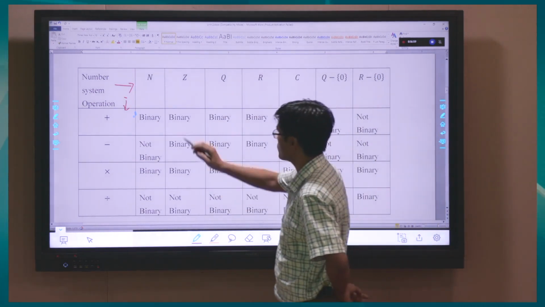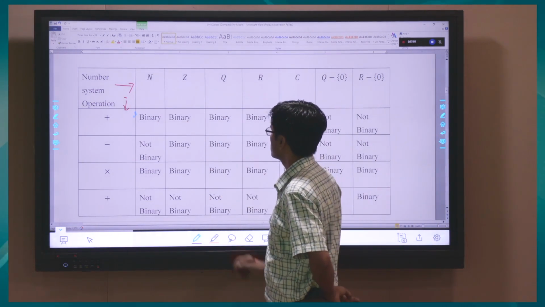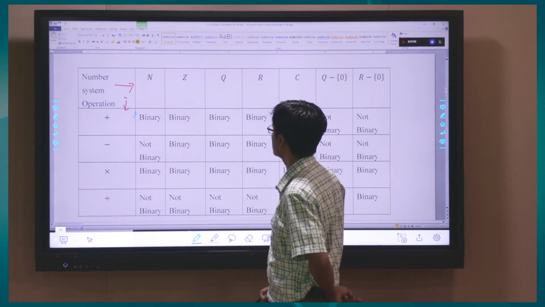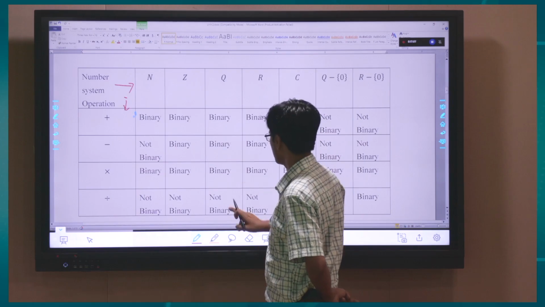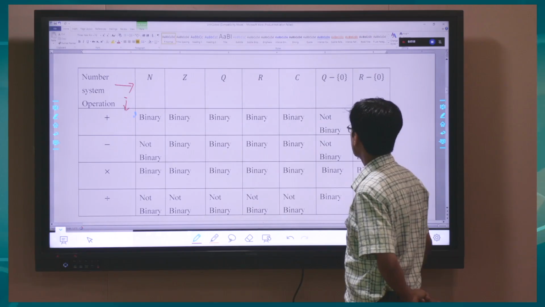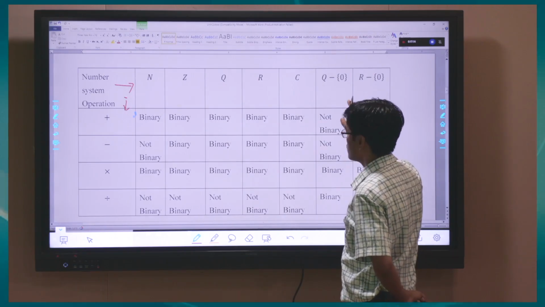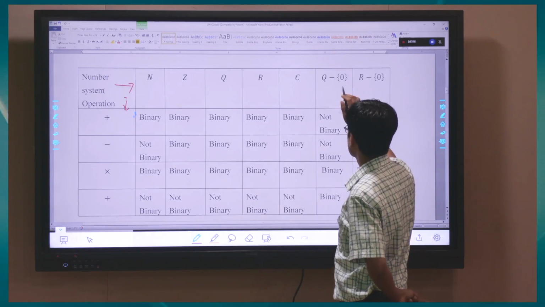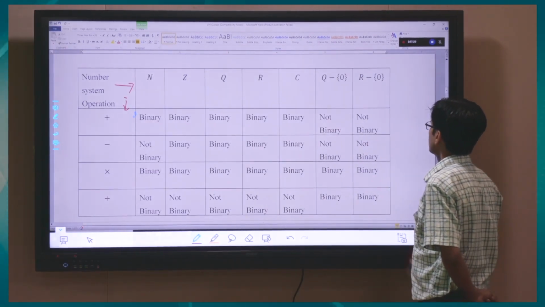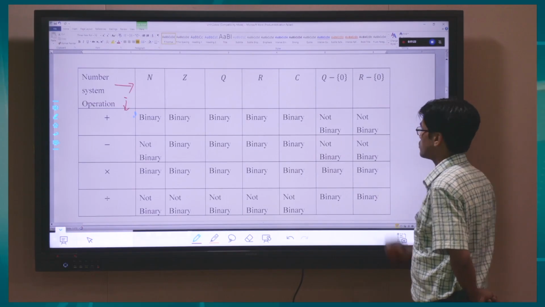And division is not a binary operation on natural numbers, integers Z, rational numbers, real numbers, or complex numbers, but it is a binary operation on the set of non-zero rational numbers and the set of non-zero real numbers.